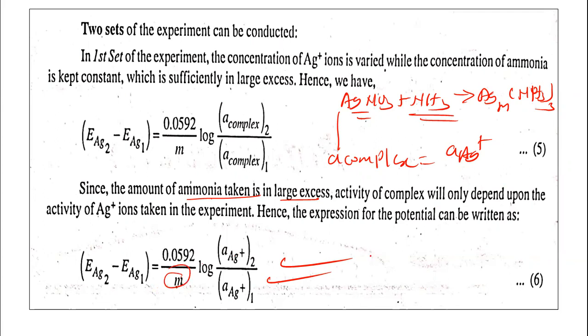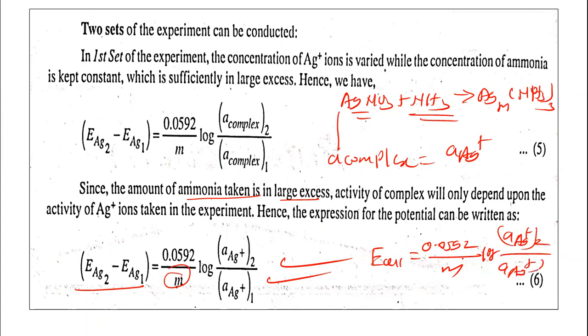So the equation can be written in this way: the EMF of the cell is equal to 0.0592 divided by m times log of the activity of the silver ion of the second electrode, right hand side, divided by the activity of the silver ion of the first electrode.